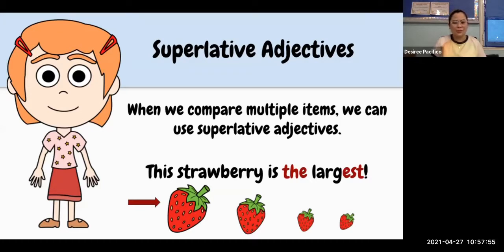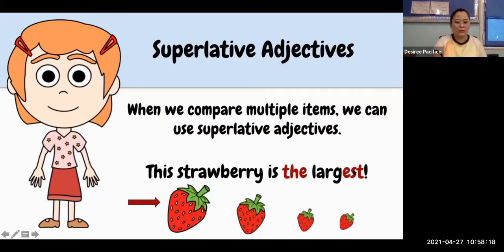Now, the sentence would be, this strawberry is the largest. If you can see, the arrow is pointing to the biggest or the largest strawberry. Because we have smaller ones and we have multiple strawberries, now we are using the superlative adjectives.